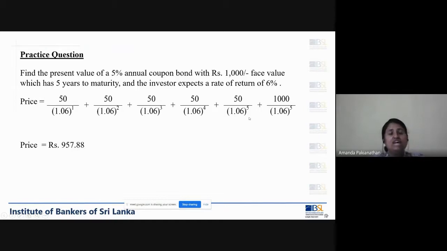Because here coupon period is 1 year. So maturity is 5 years. So you will have 5 coupon periods throughout the maturity period. What is going to be the rate of return? I'm going to discount it with 6%. The question itself provides that. Then step 3. What is step 3? Do I have to calculate face value? No.